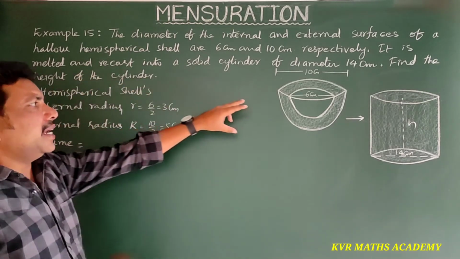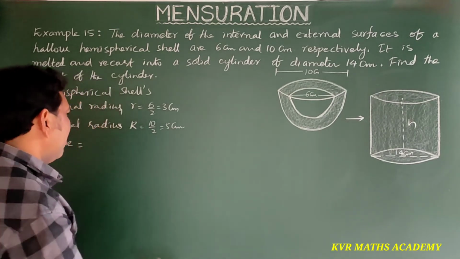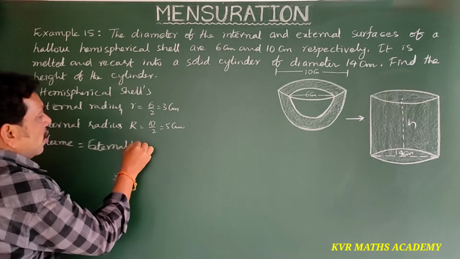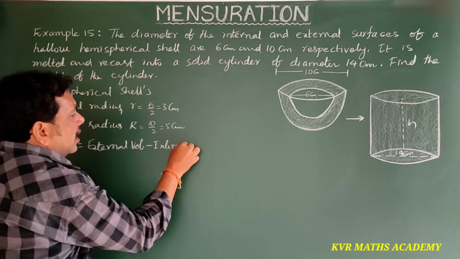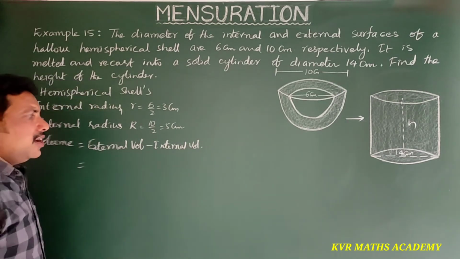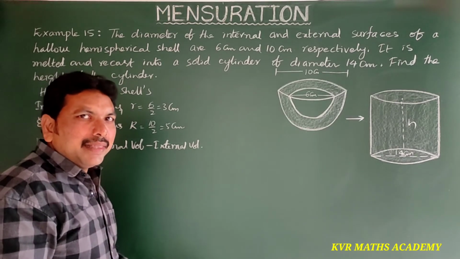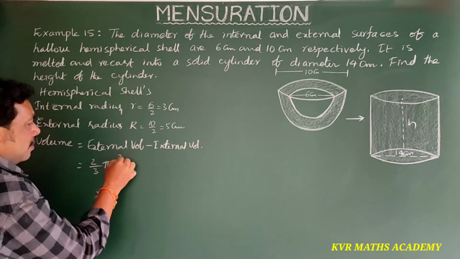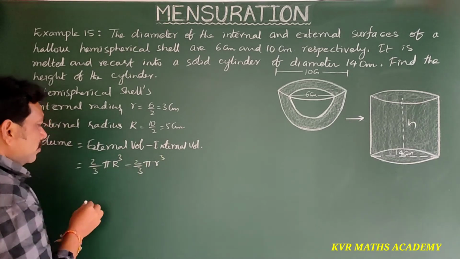So the volume of the hemispherical shell is equal to external volume minus internal volume. External volume is, what is the formula for the volume of a hemisphere? Yes, 2/3 pi r cube. So this is 2/3 pi capital R cube minus 2/3 pi small r cube.